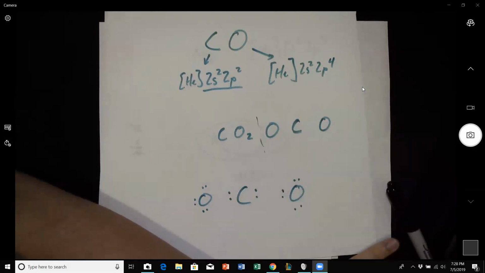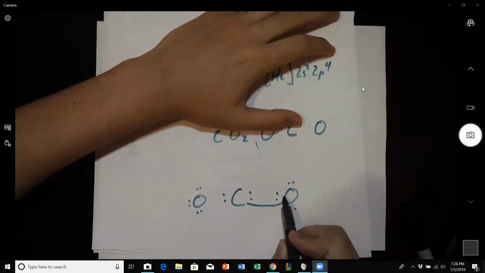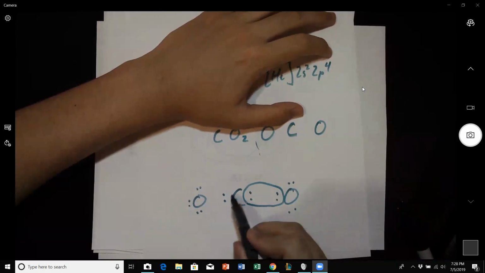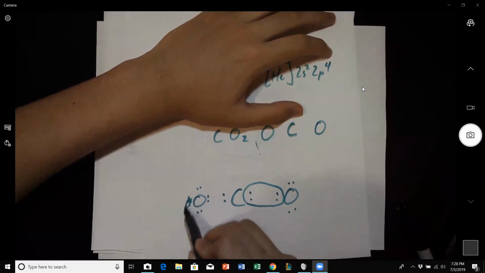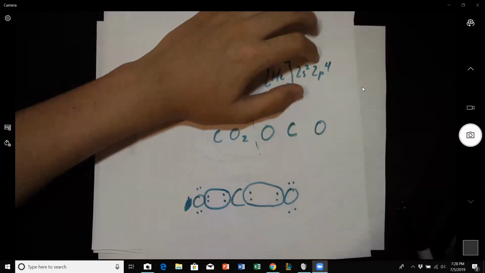Okay. So now the carbon atom needs 4 more electrons. So it will share some electrons with oxygen. It will share these 2 with oxygen. And then, oh, I did not draw this well. And then these 2 with oxygen.